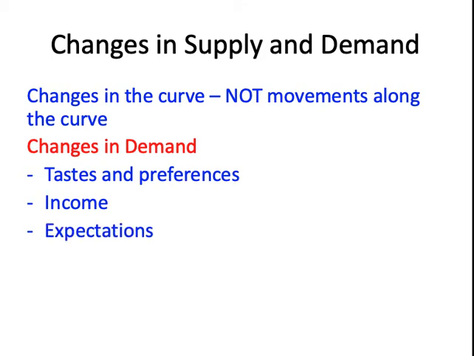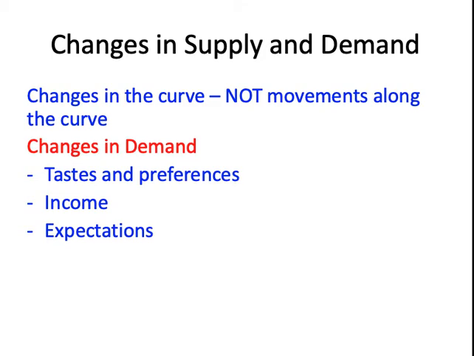Expectations. So think about what happened with COVID, right? When everything started shutting down, people started going after and trying to buy toilet paper, right? Halfway through the summer, or maybe in the springtime, lots of places were selling out of barber clippers, right? So your expectations of future events are going to change your demand, right?